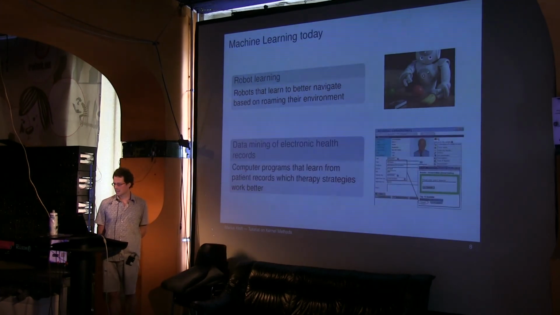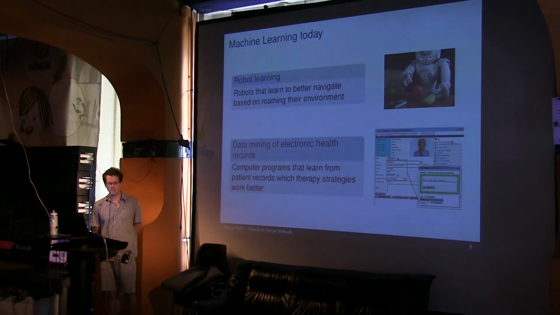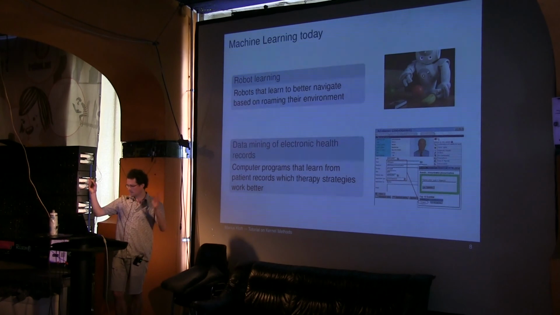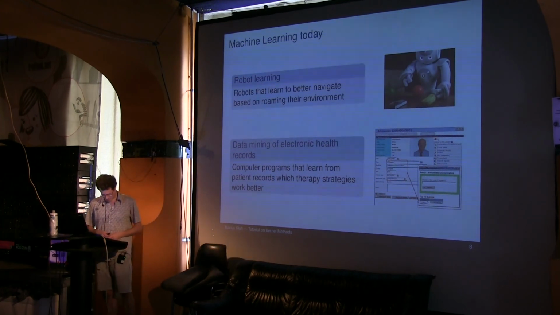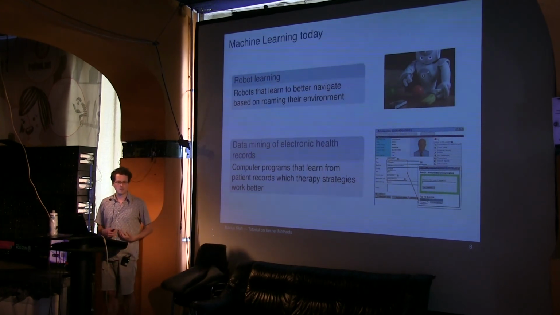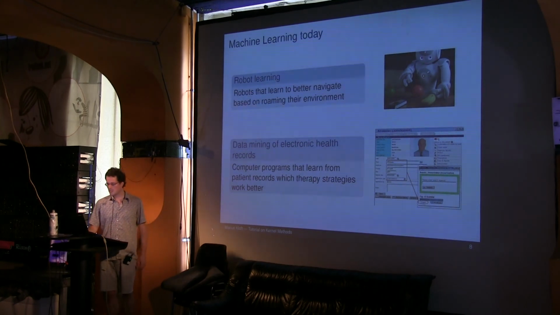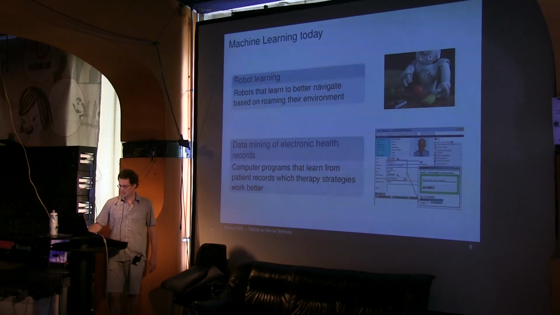Or another thing, which is in the news everywhere right now, data mining of electronic health records. Right, if you have huge university hospitals, they collect so many doctors' reports that you can actually mine information from them, and this hasn't been done traditionally for a very long time. Only recently people came up with this.